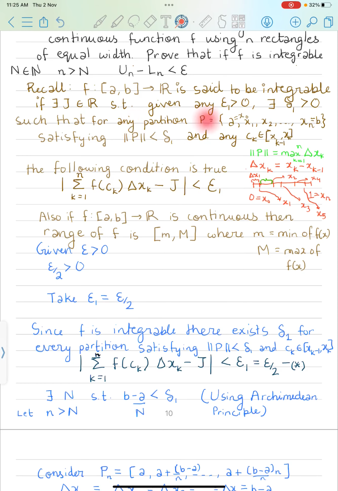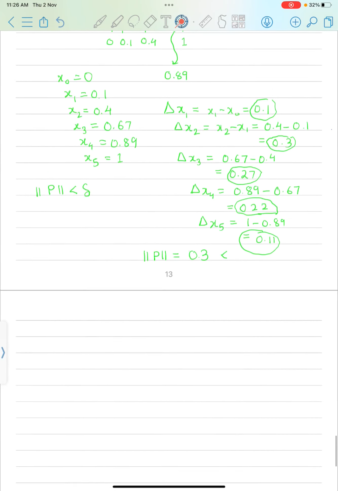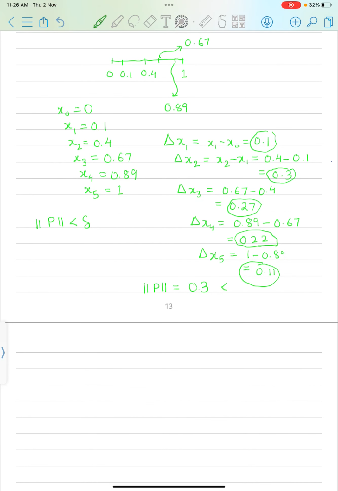You can take any partition, as long as the partition norm is less than delta 1, this condition is true, and you are also allowed to take any ck between x(k-1) and xk, where you take the rectangles for the approximation. You choose ck and f gives you f(ck), so you can choose any ck. Just like here, for the upper sum, let me demonstrate it.